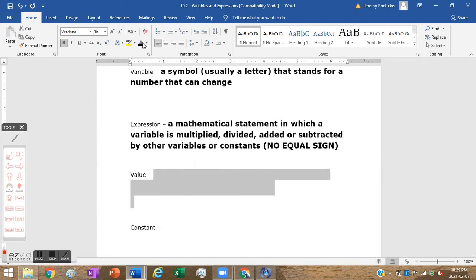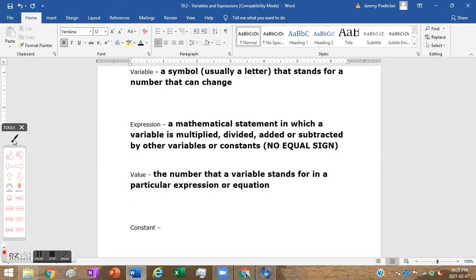So again, I kind of gave this away up here. A variable stands for a number that can change. If I tell you today my can of soup costs $1.85, then the value of that variable would be given by C, the cost of a can of soup, equals $1.85.